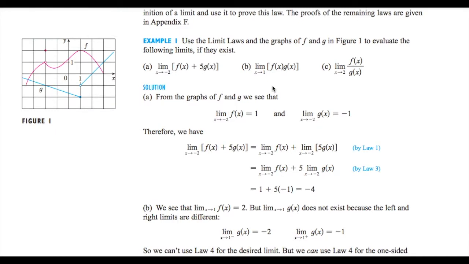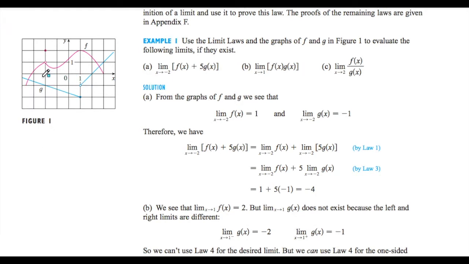Let's try one. Let's try this first one here using the limit law and this graph here in figure 1. Try to evaluate the following limits if they exist. So, the limit of f of x plus 5g of x as x approaches negative 2. First thing we should do is find where negative 2 is.